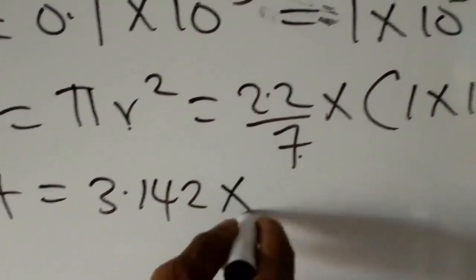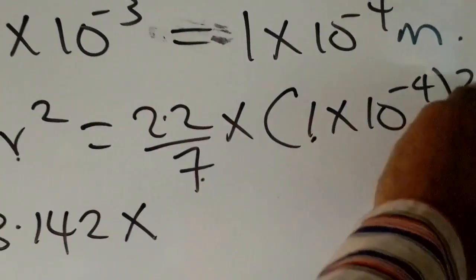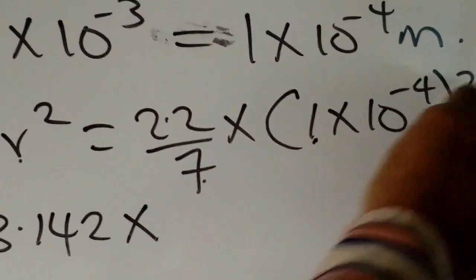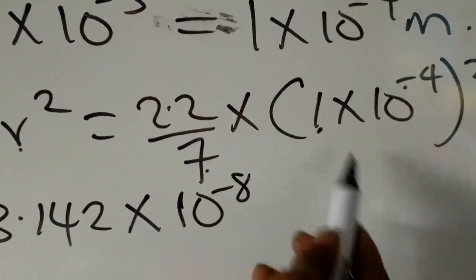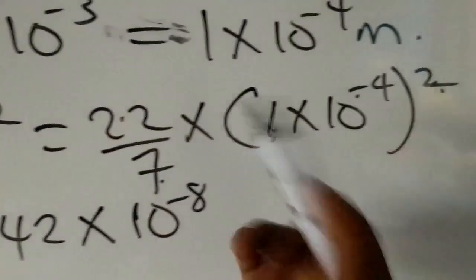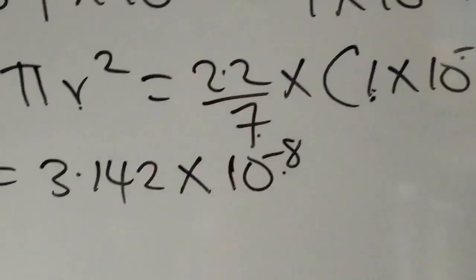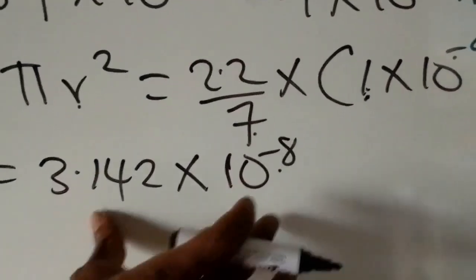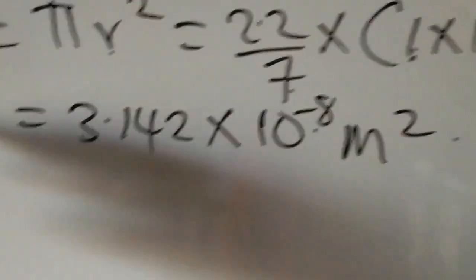Then open the bracket: 1 squared is 1, then 2 times minus 4 gives us minus 8. Or you can use a calculator as well. So the area of the wire is this, in meters squared. So we have gotten our area.